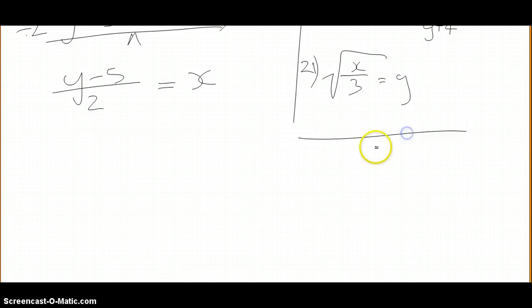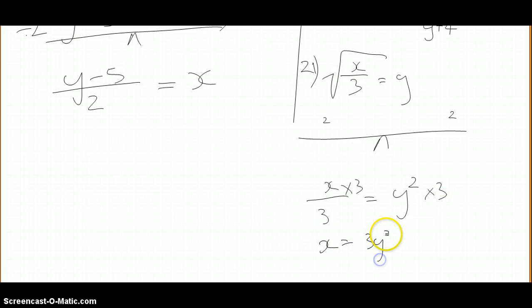So as long as I square both sides of the seesaw or the balance scales, undoing the square root, x over 3 must equal y squared. And then I'm going to times 3. Well done. I'm going to times by 3 because x was divided by 3. To undo a divided by, I times both sides by 3, and x becomes 3y squared.